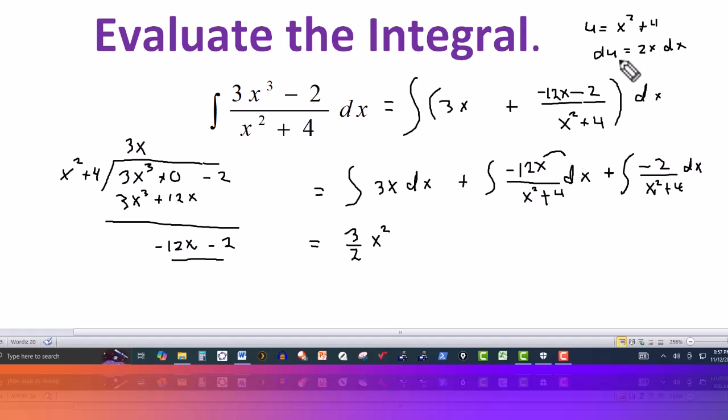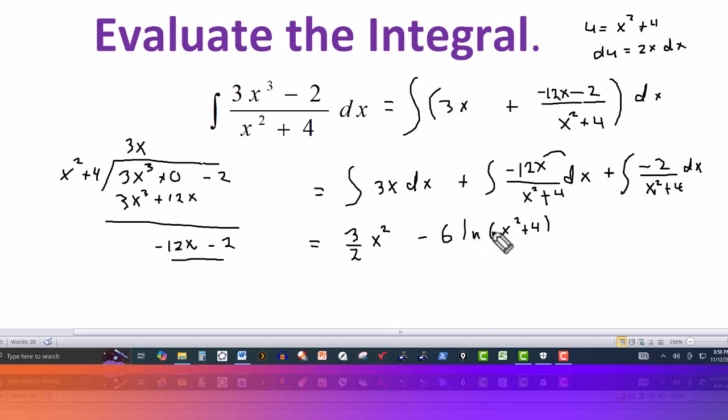by du over 2. This would just give us a minus 6, and this would be du. The 2 divided into the minus 12. So this would come out to minus 6 natural log. Absolute value, but x squared plus 4 can't be negative, so I don't need the absolute value here. I just write this as natural log of x squared plus 4.